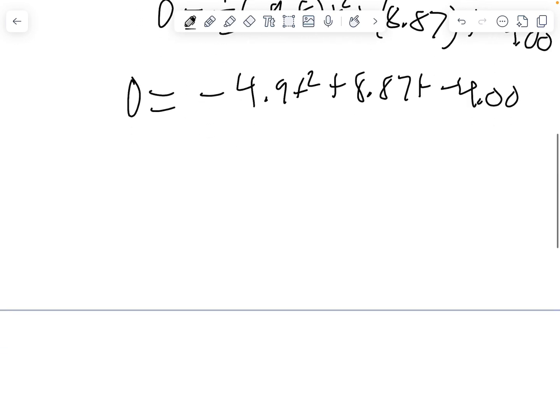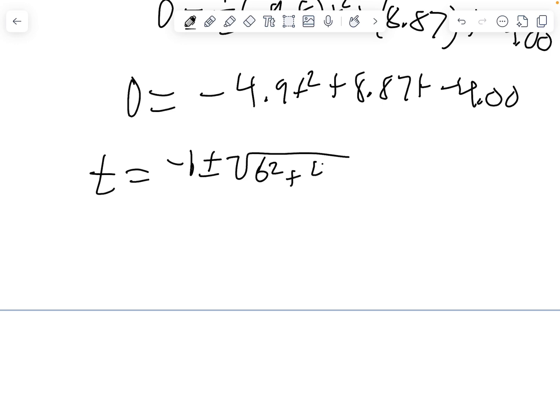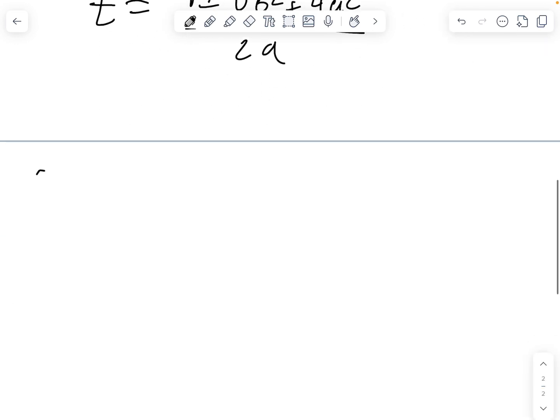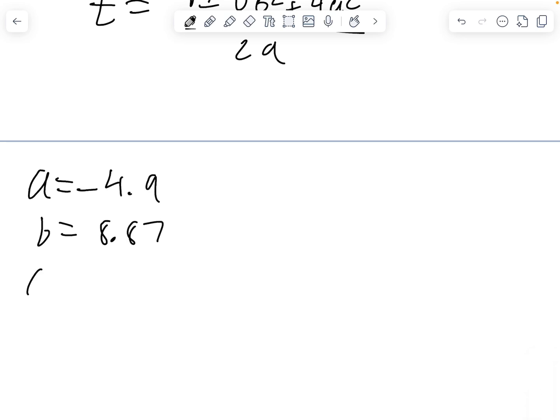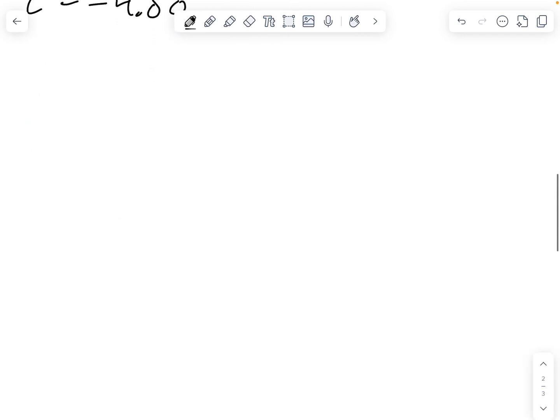So with that, you want to use the quadratic formula. This is what the quadratic formula looks like, obviously. So for these ones, the values will be a equals negative 4.9, b equals 8.87, and c will equal negative 4.0. So with that, we're just going to plug in.